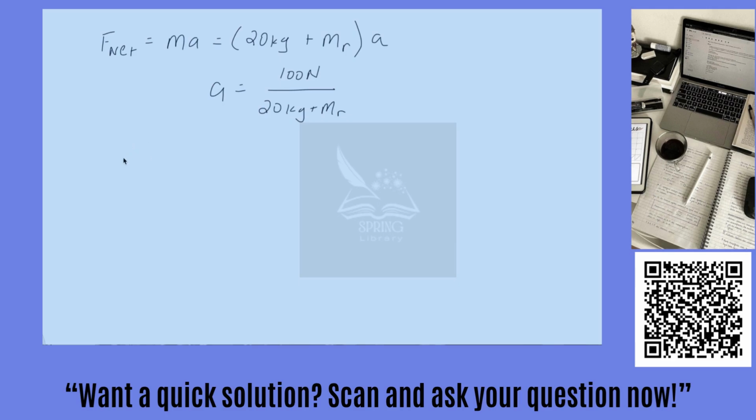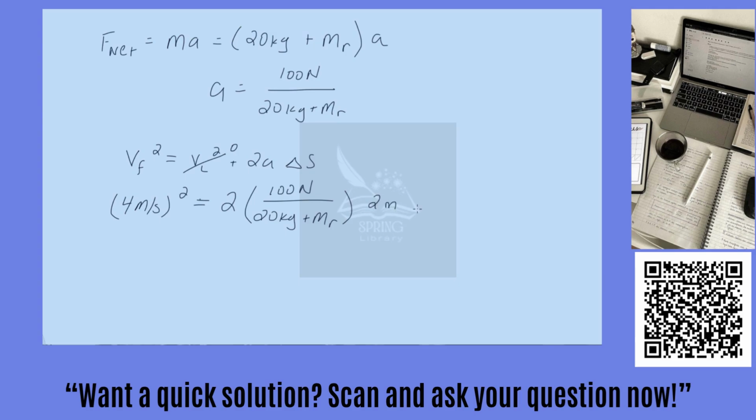And since it's a constant acceleration, it doesn't depend on time, so we can use kinematic equations. So V final squared equals V initial squared plus 2a times the change in position. We were told that this is 4 meters per second. The initial velocity is equal to 0. So we have 2 times the expression we just found for the acceleration, and they gave us the change in position as 2 meters.